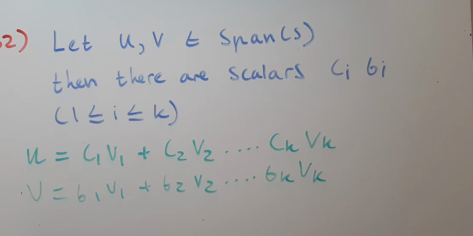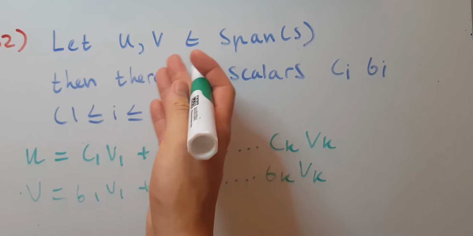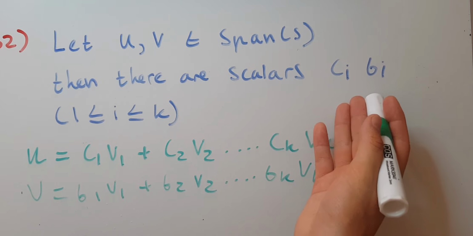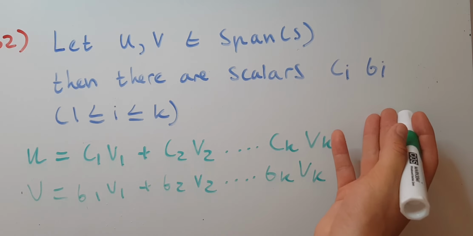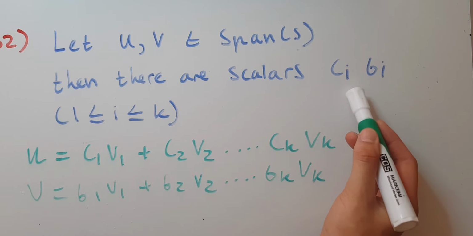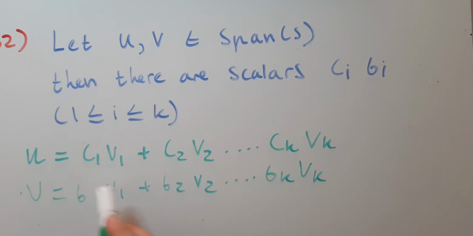Now, to prove that every linear combination of a set is in fact a subspace, we need to prove the second law of a subspace, which is it must be closed under addition. So of course start off by saying that the vectors are an element of span S, then write down that there are scalars, ci and bi, it can be any letter you want, as long as you state that the subscript i is between 1 and whatever element k you want it to be.